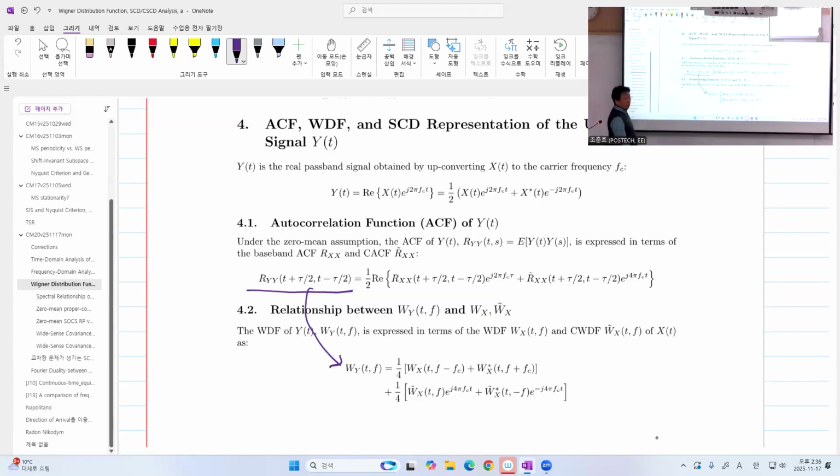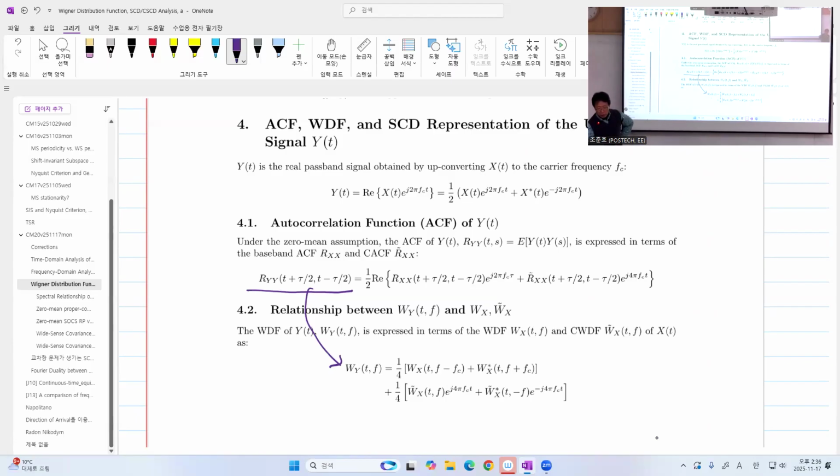And be careful about this 4 pi fc t and negative 4 pi fc t. Why does this occur? Because of that t plus s term.